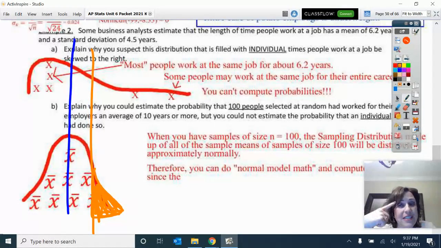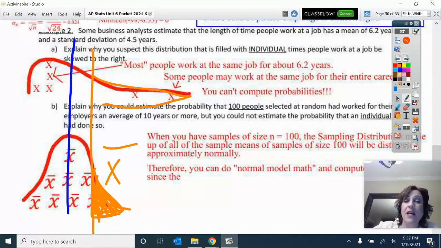So once again, do you see the problem? I cannot say what's the probability a person lasted there longer than 10 years, but I can say what's the probability that an average of 100 people lasted more than 10 years. That's the difference you have to pay attention to as you go through problems.